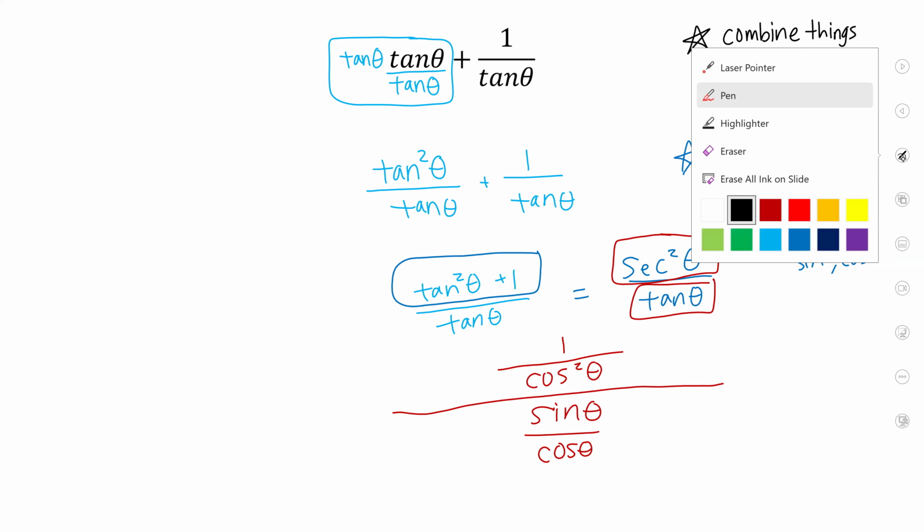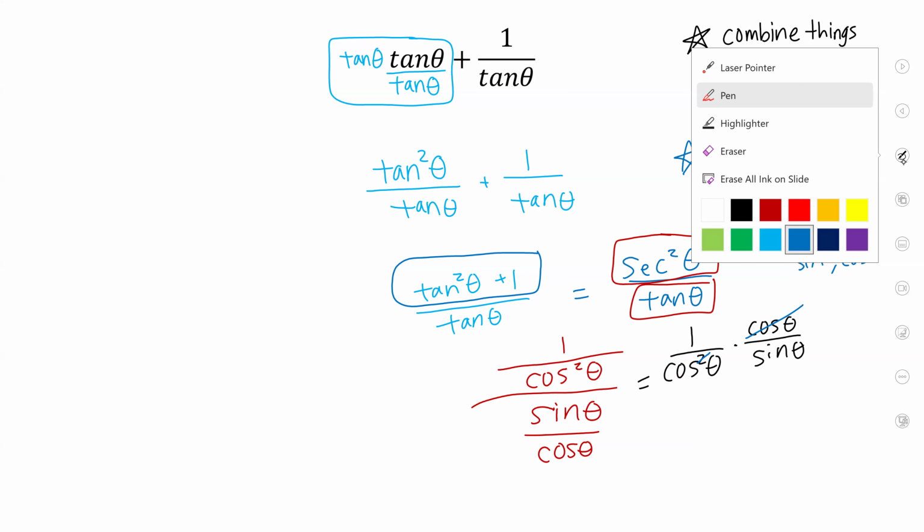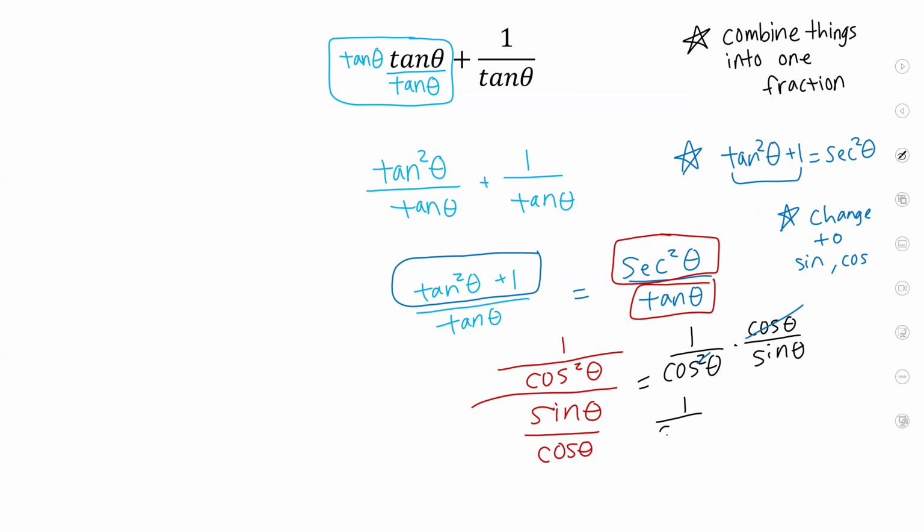So I wrote a very long line here. Let me make it smaller. So this is 1 over cosine squared theta times, we're going to flip the bottom one. So cosine is now on the top. Sine is now in the denominator. What you should see is that cosine cancels out with just one of the cosines in the denominator. So I am left with 1 over cosine times 1 over sine.